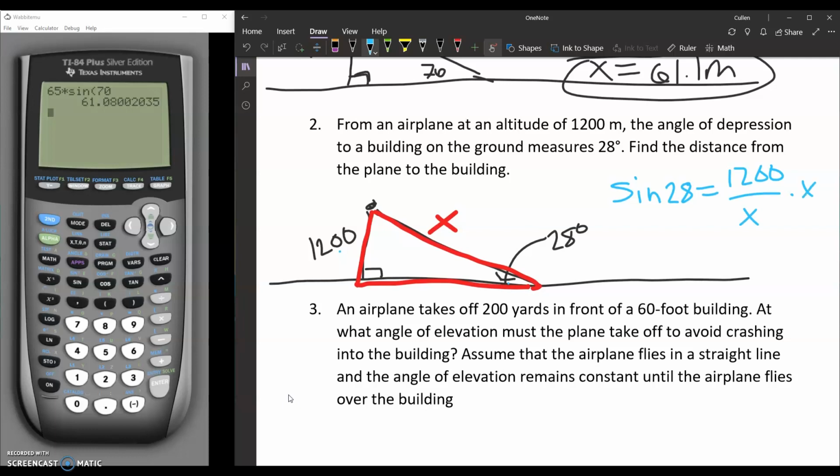And if you multiply both sides by x, then x equals 1200 divided by sine 28. I'm running out of room to show all of my work, but you'll do 1200 divided by sine 28. And there we go. So that will spit out 2,556.1 if you round that up. And this is in meters.